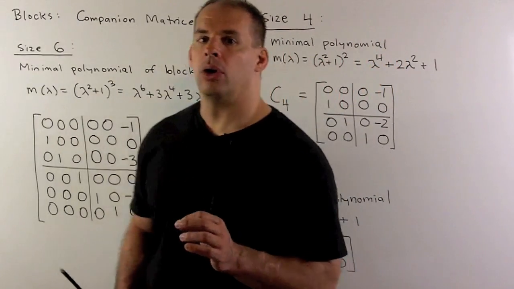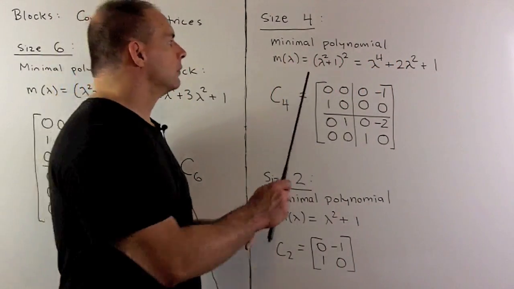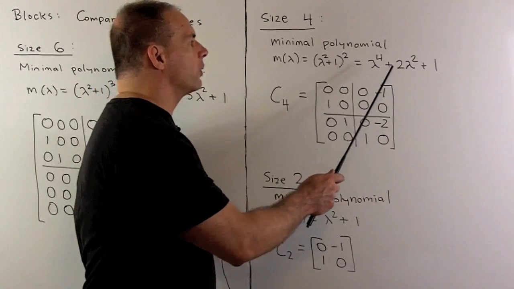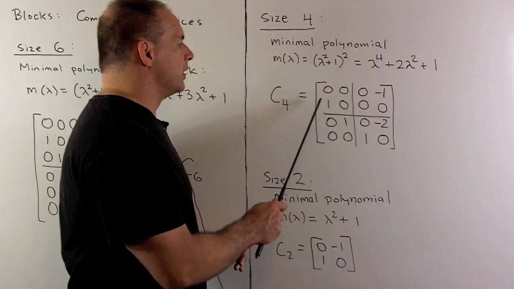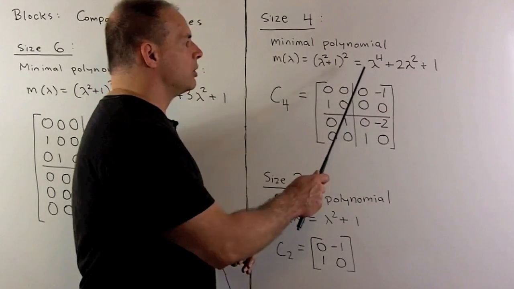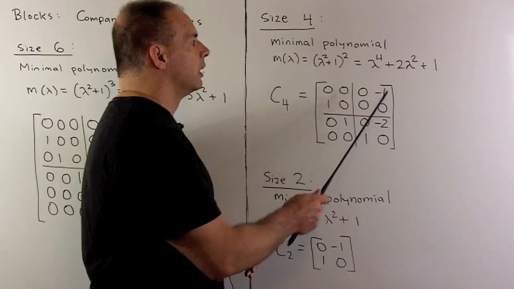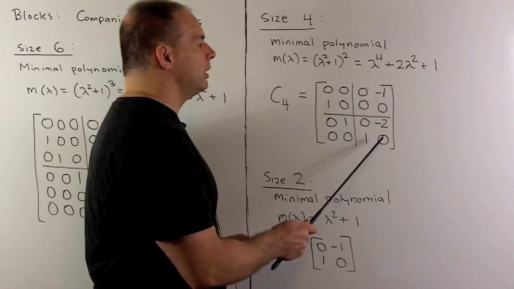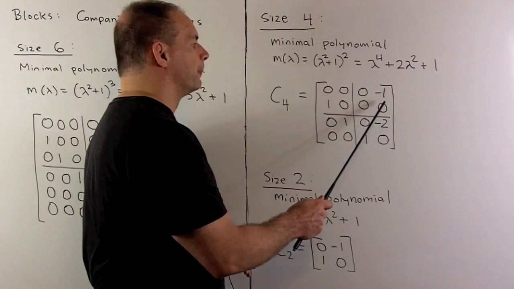For (λ² + 1)², our minimal polynomial is λ⁴ + 2λ² + 1. So we'll put our 1s on the diagonal below the main diagonal, and then we start reading off coefficients, ignoring the leading term. So we'll start with a 0 for λ³, then a minus 2, a 0, and then a minus 1.